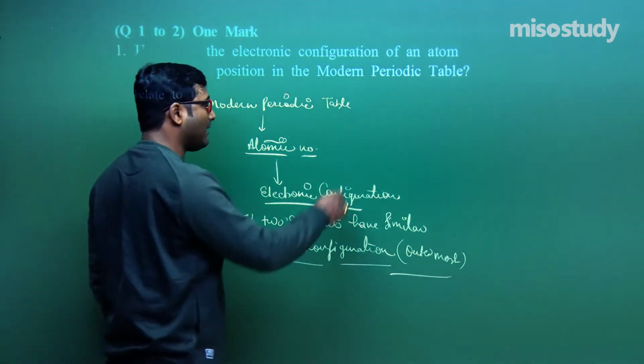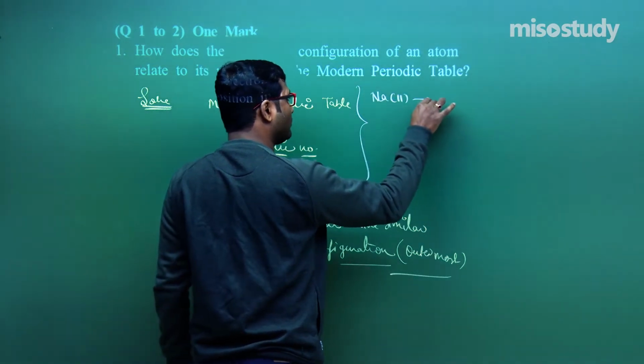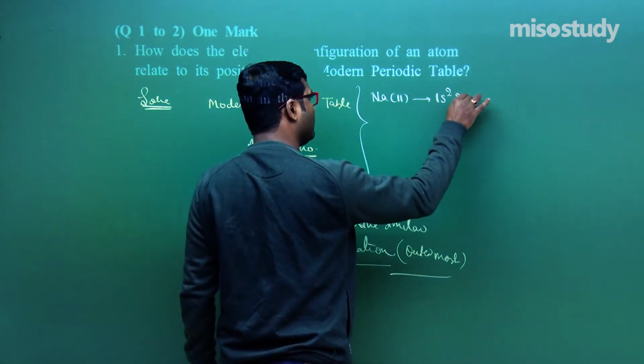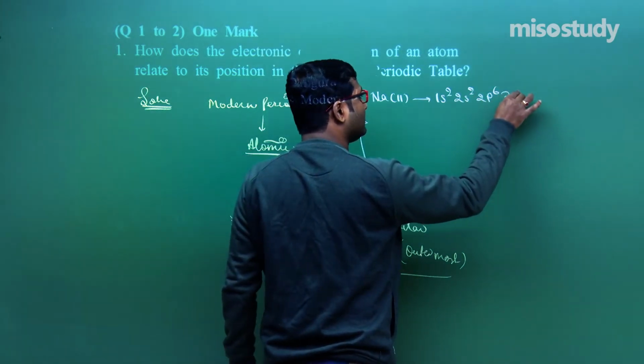For example, if I write sodium, as we know, sodium has electronic configuration 1s2, 2s2, 2p6, then 3s1.